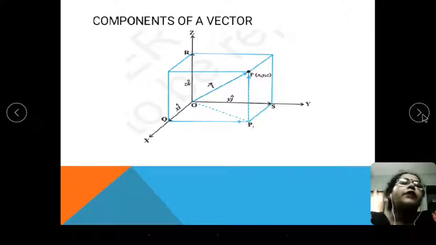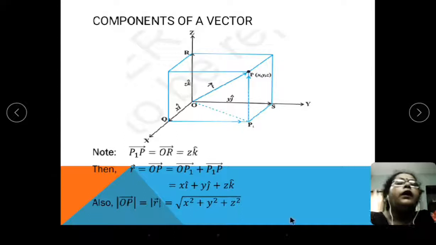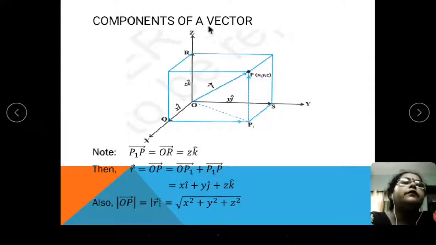Having understood this, now let us see how we can represent r in terms of these components. Now one more thing, let us first note that, as we can see here, this P1P is parallel to the z-axis. So the vector P1P is nothing but equal to zk.